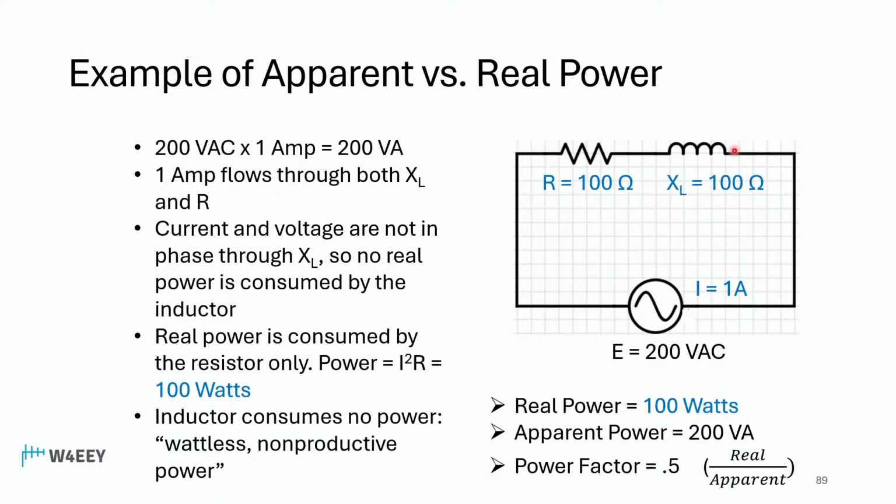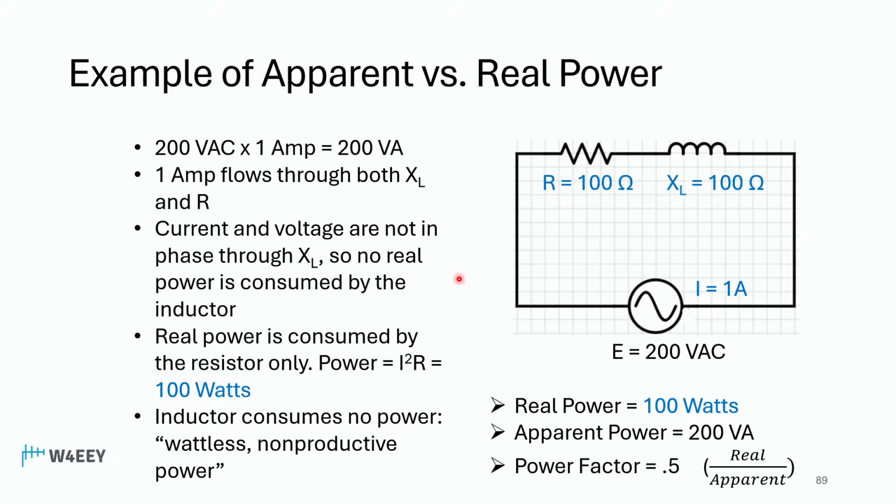Well, you can't, because the inductor does not consume any power. So the only thing in the circuit that's going to consume any power is the resistor. So 200 volts AC times 1 amp, we're going to have 200 volt-amps. 200 volts, we got 1 amp, that's 200 VA. 1 amp indeed flows through both XL and R.